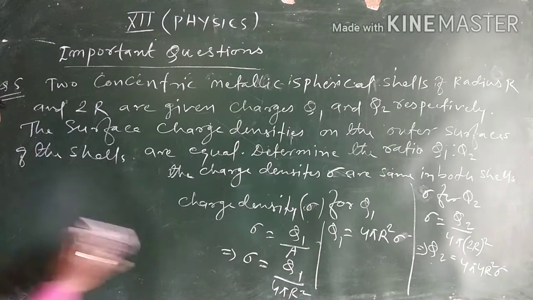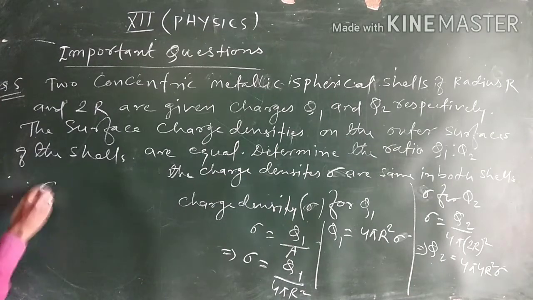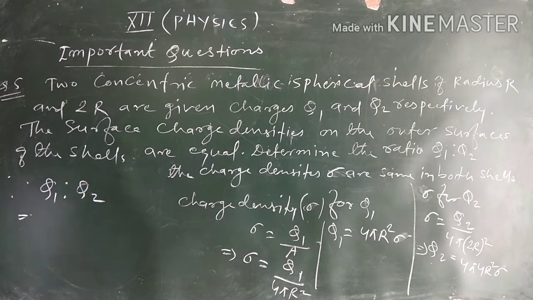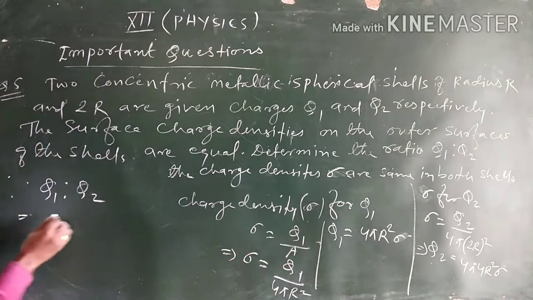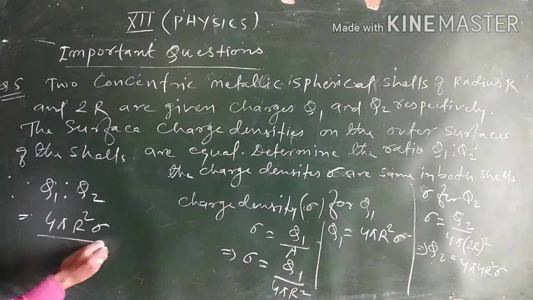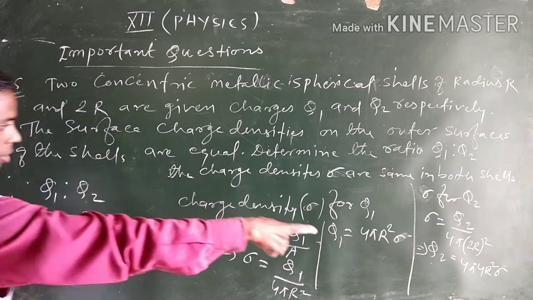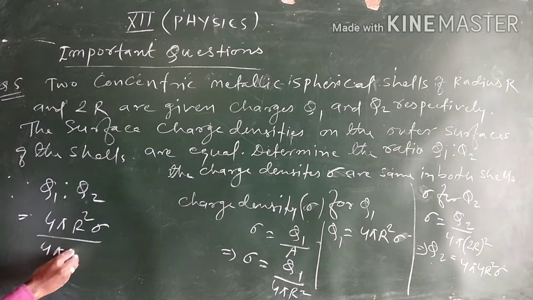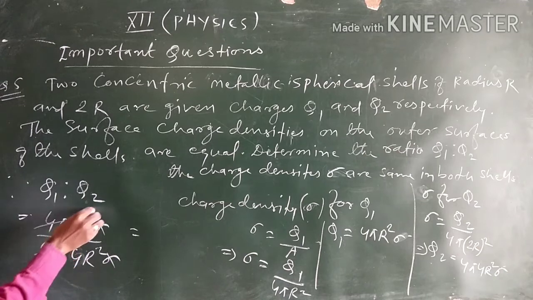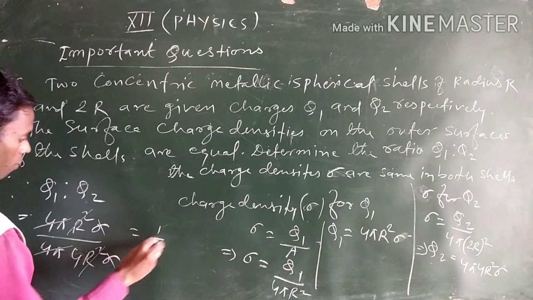The ratio Q1 to Q2 is equal to 4 pi r square density divided by 4 pi 4 r square density. Some terms are going to cancel out, and r square also cancels out, leaving 1 by 4.